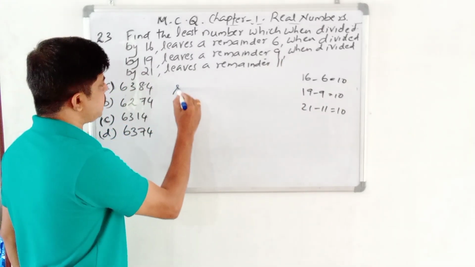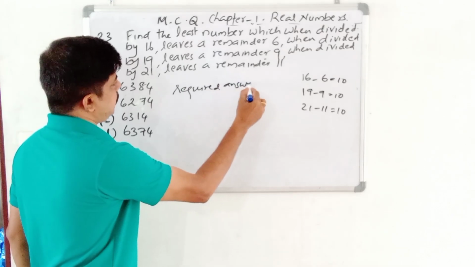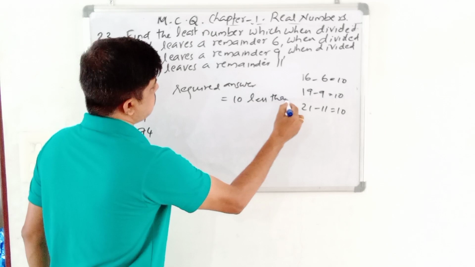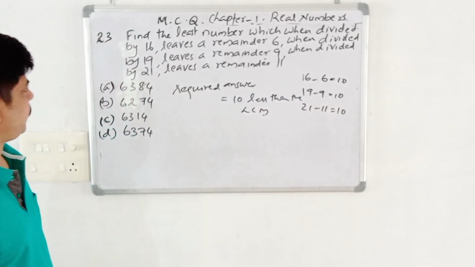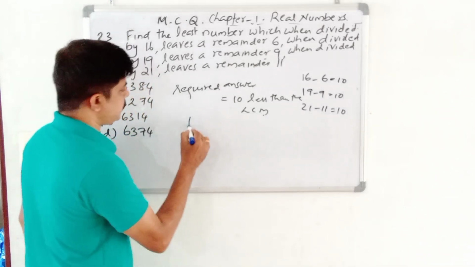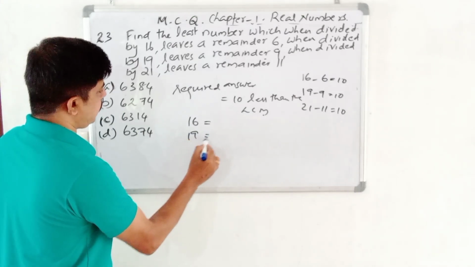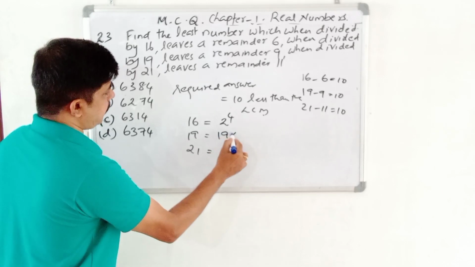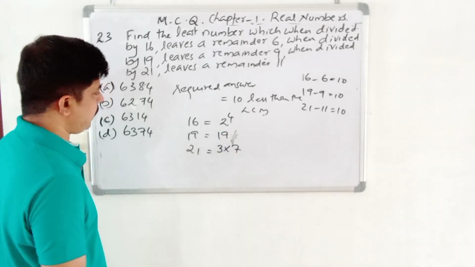Therefore, our required answer is 10 less than the LCM. First we have to find the LCM. We have to find the LCM of 16, 19, 21. 16 is 2 four times. 19 is a prime number. 21 is 3 into 7.